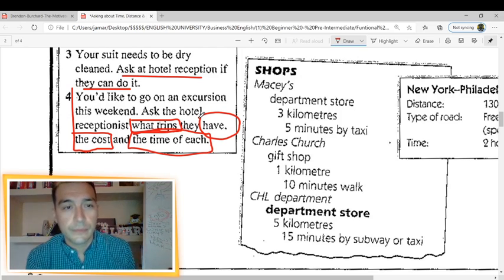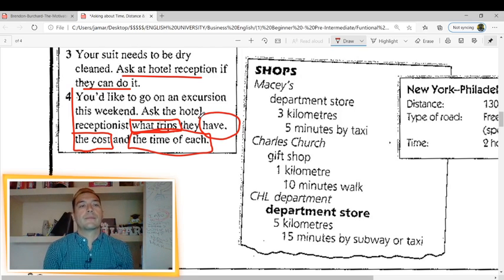What trips do you recommend? Do you want the rest? More info? What info do they give you right there? The situation is the rest. What situation did they put right here? To go on an excursion. That's right. This weekend.